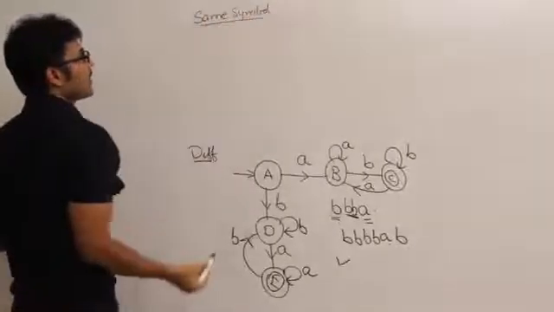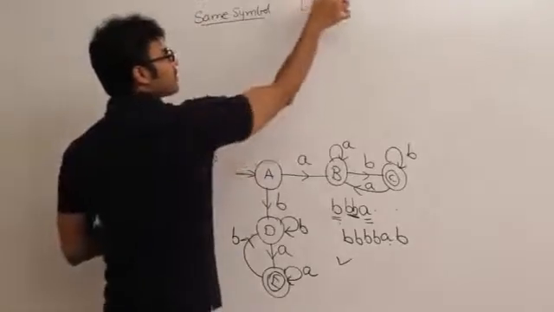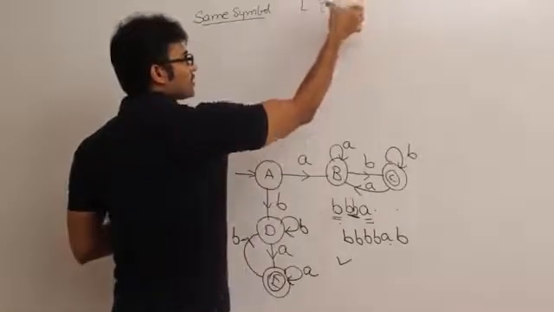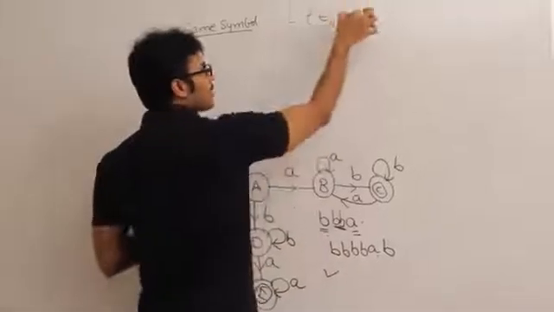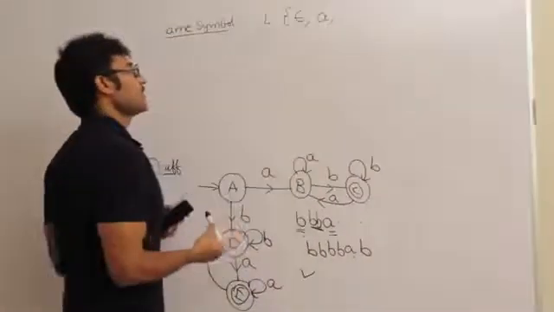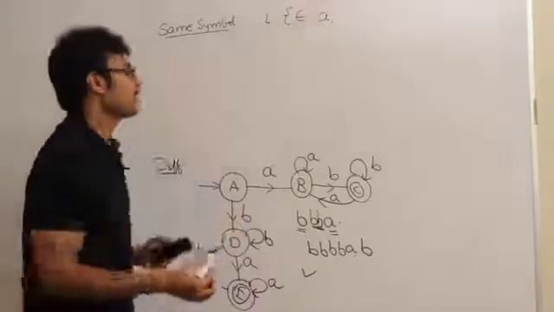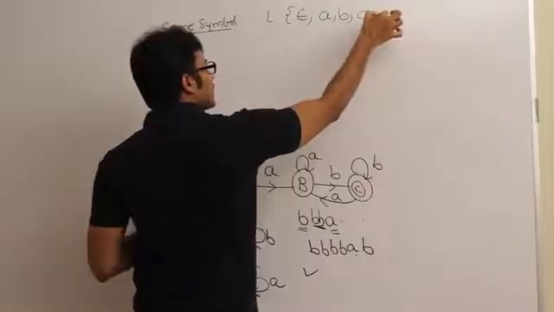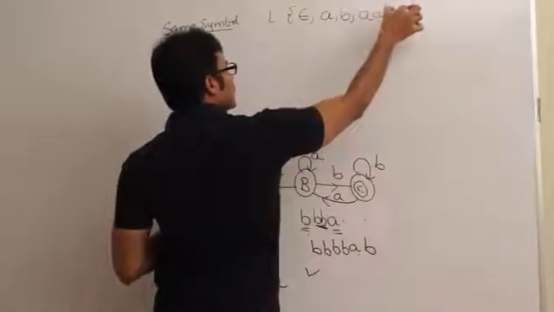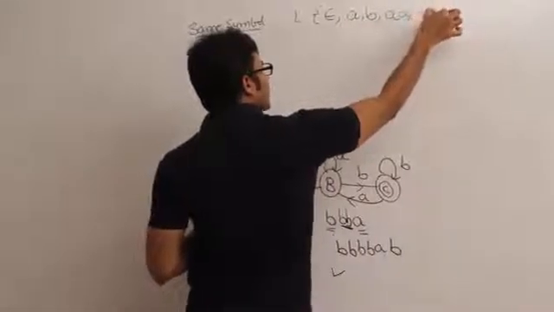First let's write down the language. So epsilon is going to be present in the language because epsilon starts and ends with the same symbol, and small a is going to be present in the language because a starts with a and ends with a. B is going to be in the language, AA is going to be in the language, and BB is going to be in the language.